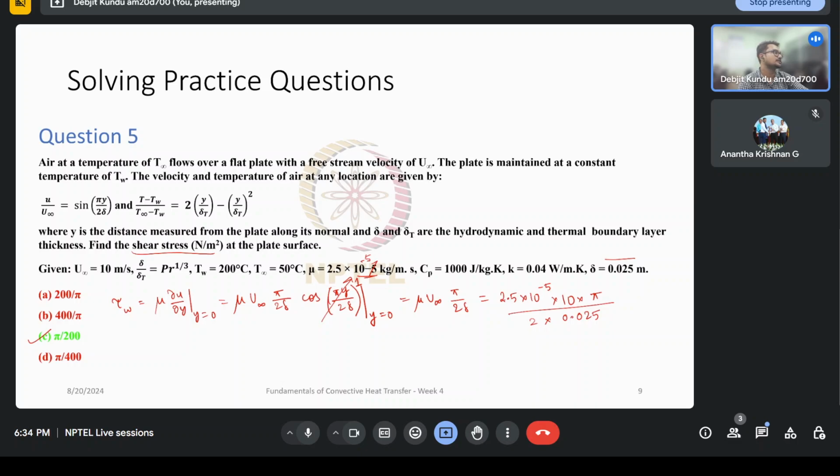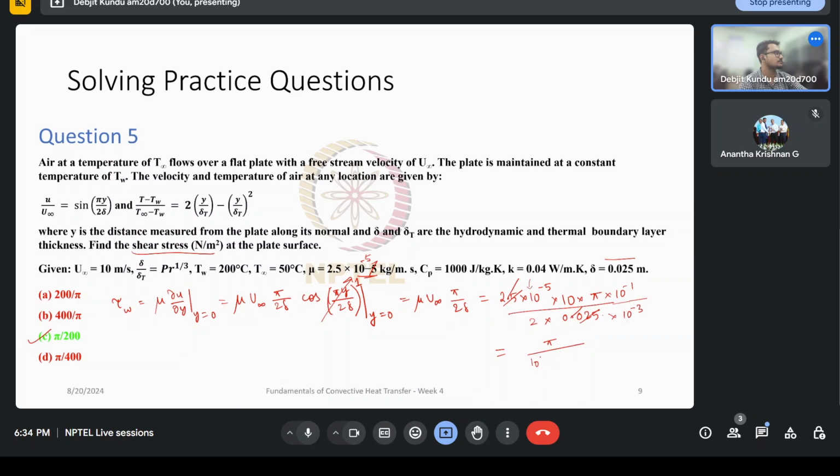So I can simply remove this one and multiply by 10 minus 1. I can remove this and multiply by 10 minus 3. Then 25 cancels out, and what I'm left with is pi divided by this one I'll take down.